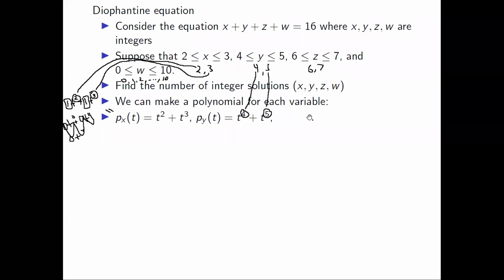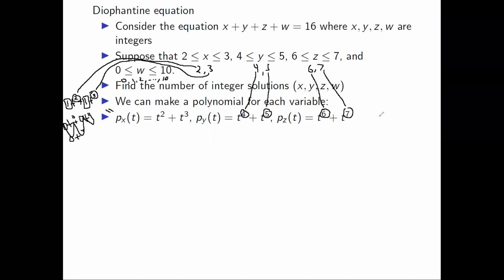Now let's look at the p sub z polynomial. This one is a very similar calculation to p sub x and p sub y. It's just t to the 6th plus t to the 7th. So we have 6 and 7, same as we see up there, the possibilities for z. There's one way for z to be 6, there's one way for z to be 7.